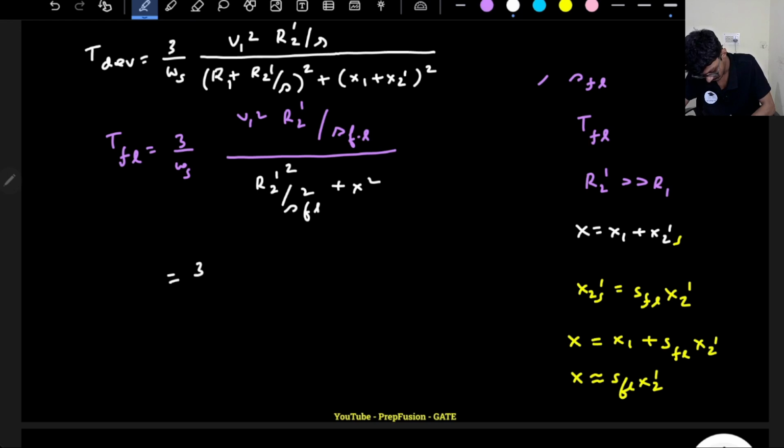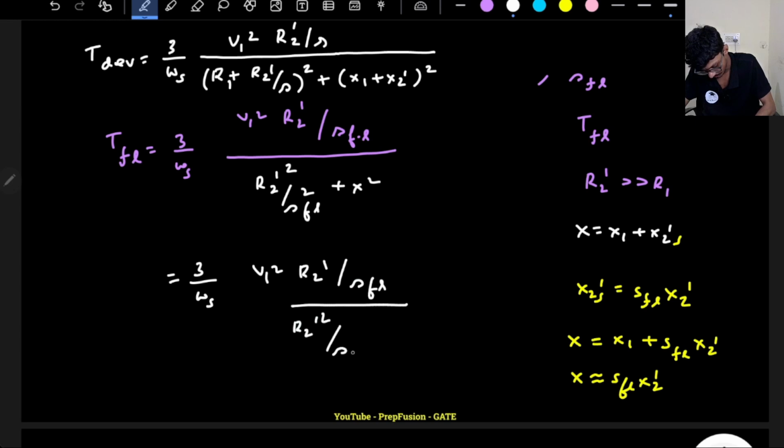This will be 3 by omega s, V1 whole square R2 dash divided by SFL, divided by R2 dash whole square divided by SFL whole square plus SFL whole square into X2 dash whole square.